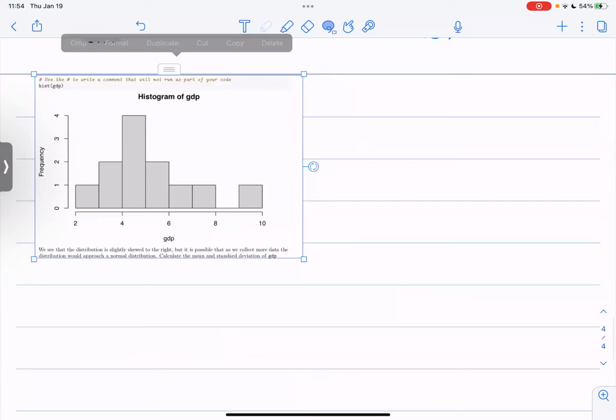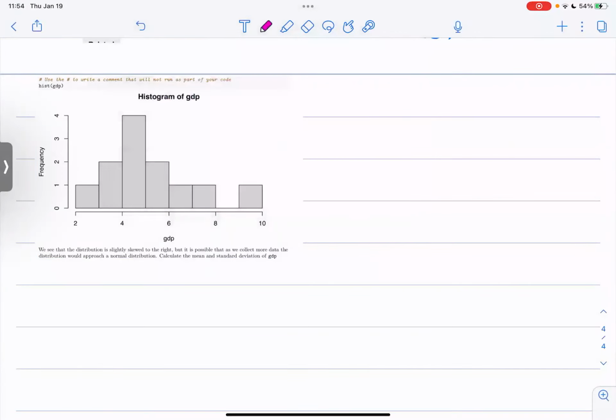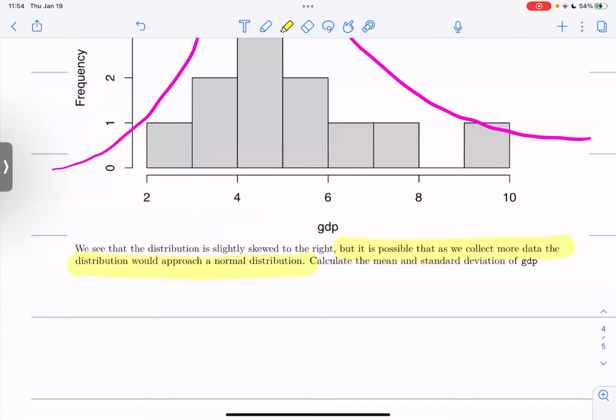Okay, so here, I would argue that it looks approximately normal. And so here, it's possible, and I'll have it in your notes and zoom it in, right? It's possible that as we collect more data, the distribution would approach a normal distribution, right?